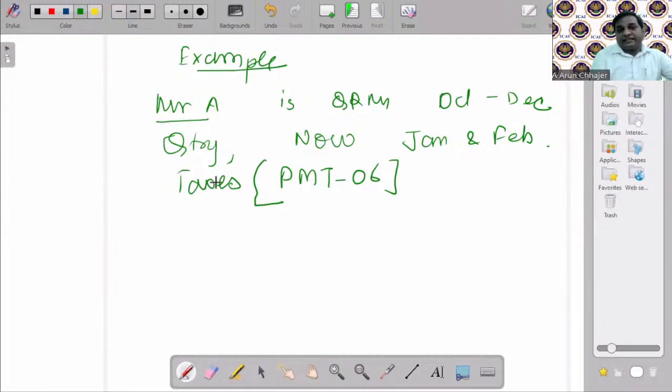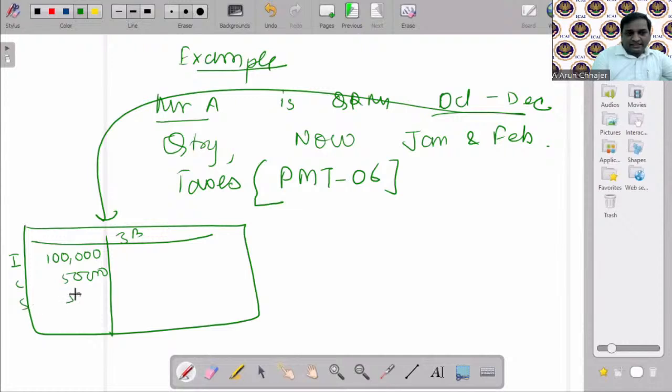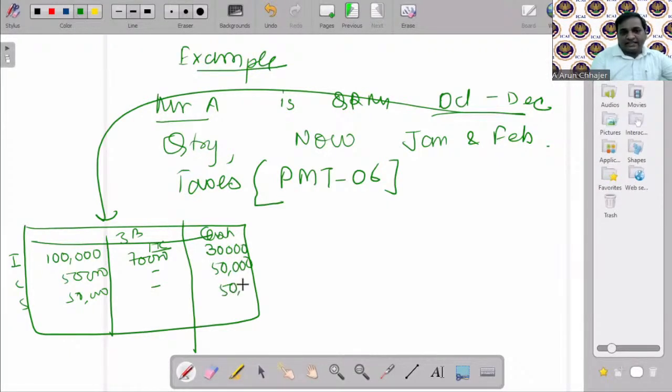For October to December, the total liability in GSTR 3B was 1 lakh: IGST, CGST 50,000, SGST 50,000. He has used input tax credit, say 70,000. And the balance portion he has paid through cash: 30,000 IGST, 50,000 CGST, and 50,000 SGST.